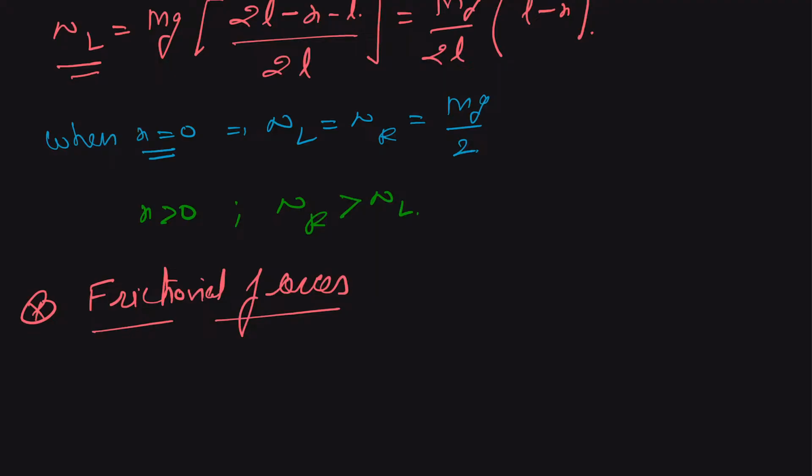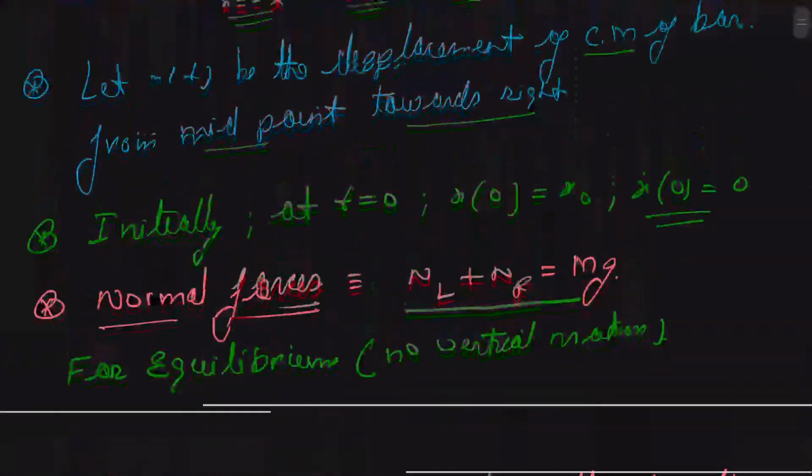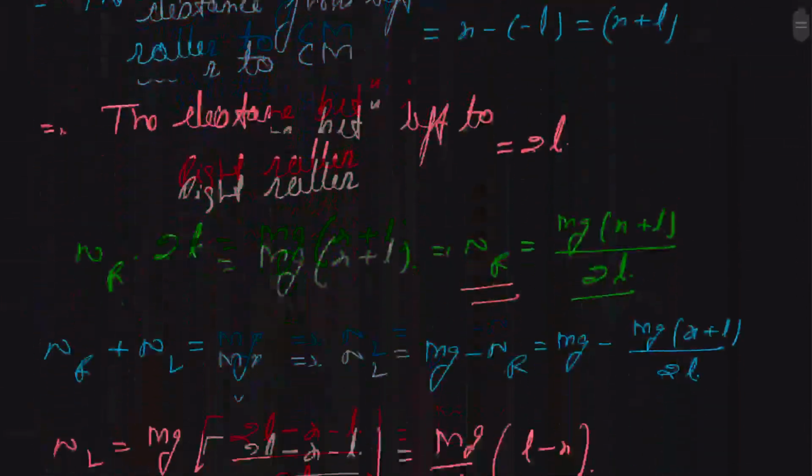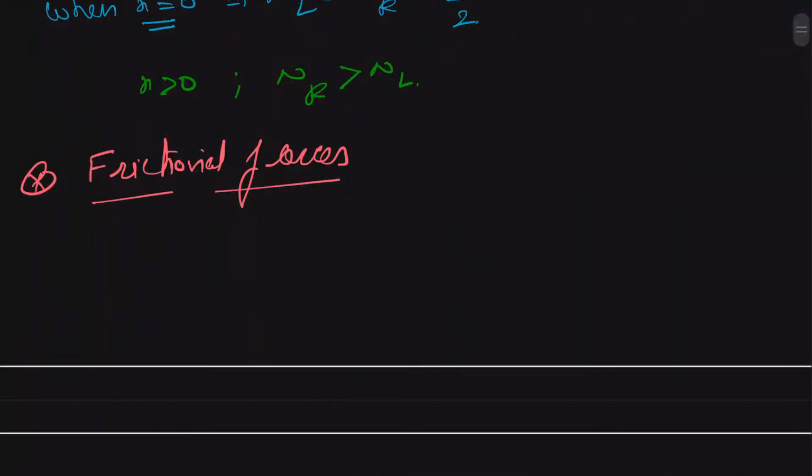We already denoted the value of the friction, and let me also modify it. Let me call these F_L and F_R. This is F left and this is F right. So we have two values of friction, F left and F right.